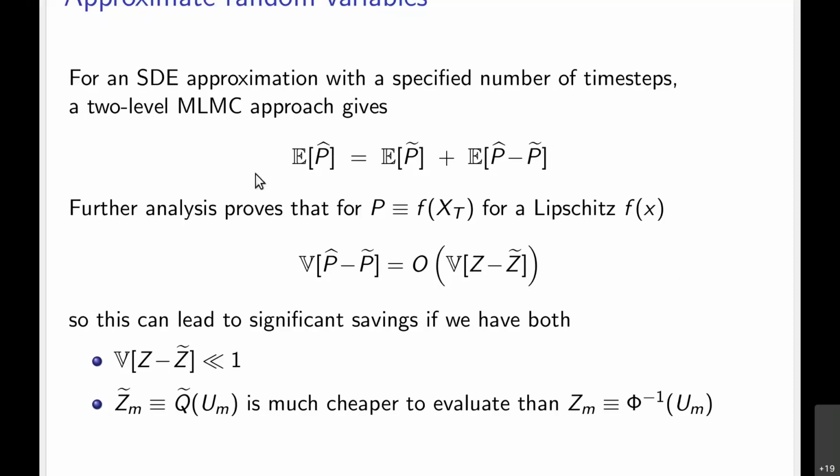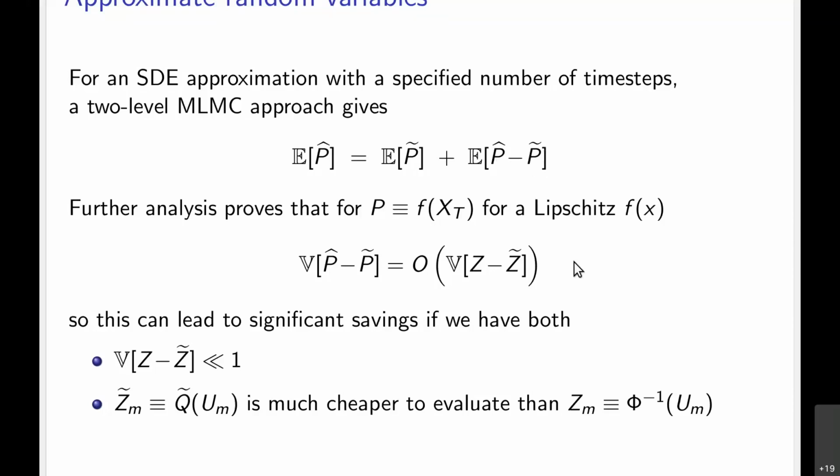So again, we have this decomposition into a sum of an expected value using the approximates plus an expected correction. In implementing this expected correction, you'd be using the same uniform random numbers U to generate both the true Z normal random variable and the approximate Z tilde for the other one.